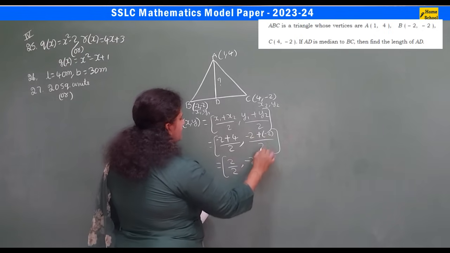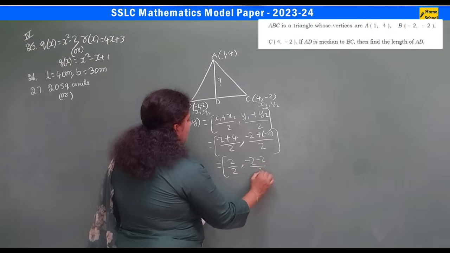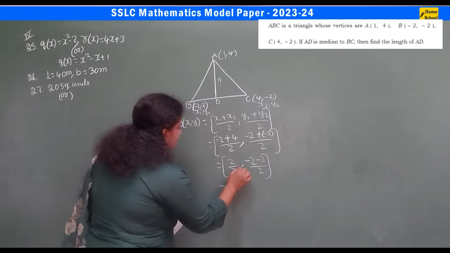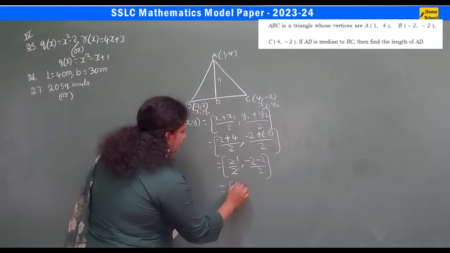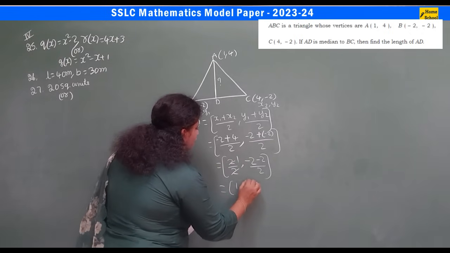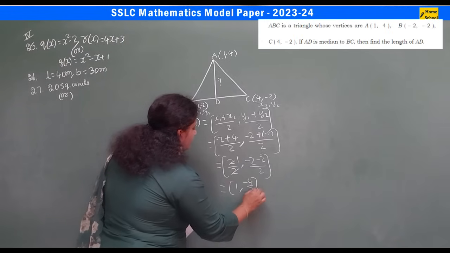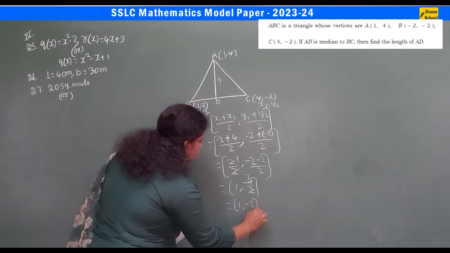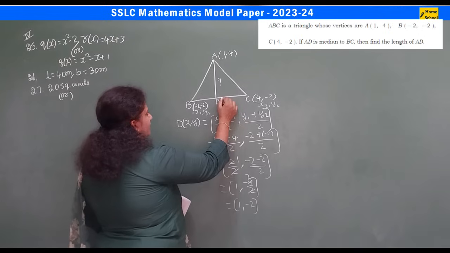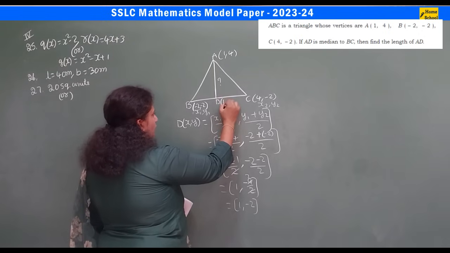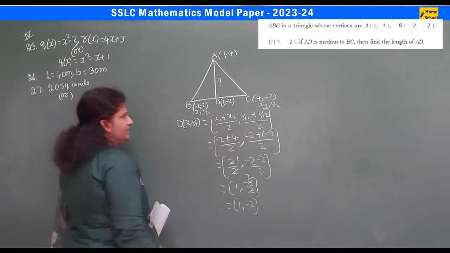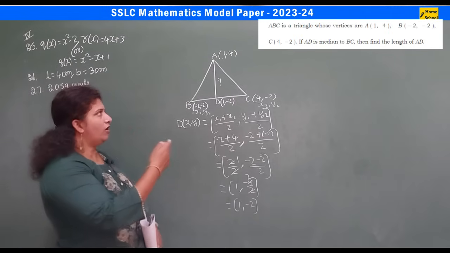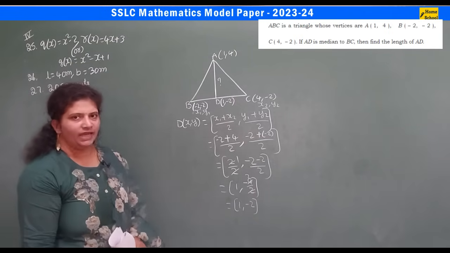Minus 2 plus minus 2 is minus 4 by 2. That will be 1, minus 2, the midpoint. So the D coordinate is (1, -2).